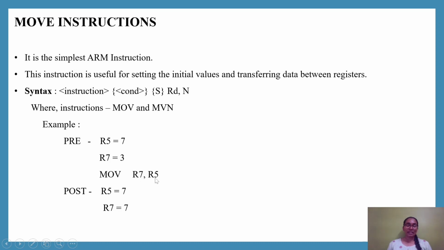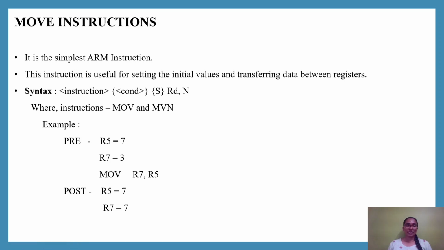That is, the data of R5 will be stored in R7. After execution of this instruction, R5 holds 7 and R7 holds 7. That is, the data of R5 will be moved to R7. So this is all about the move instruction.